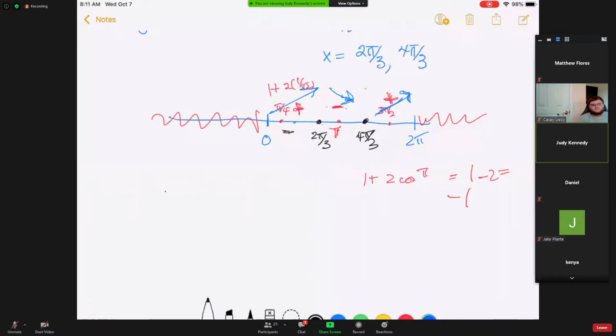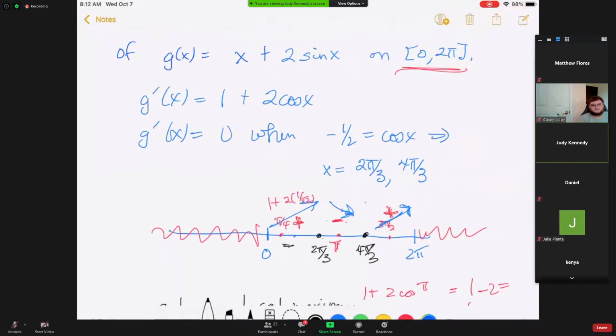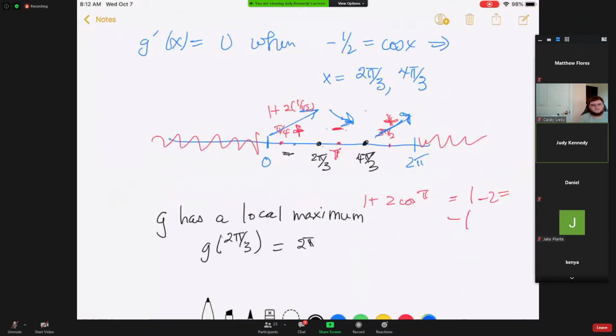So G has a local maximum, G of 2 pi over 3, which would be equal, now this is back to the original function, 2 pi over 3 plus 2 times the sine of 2 pi over 3.